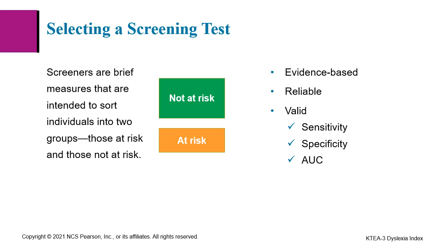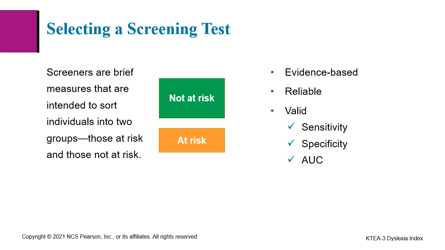The most important type of validity evidence for a dyslexia screener is clinical validity. The clinical validity of a screening test is evaluated based on its sensitivity, specificity, and area under the receiver operating characteristics curve.